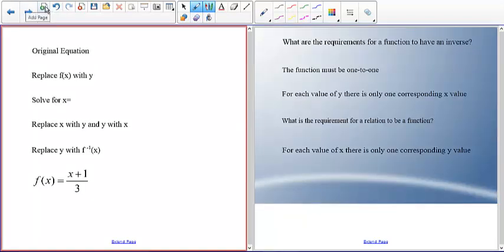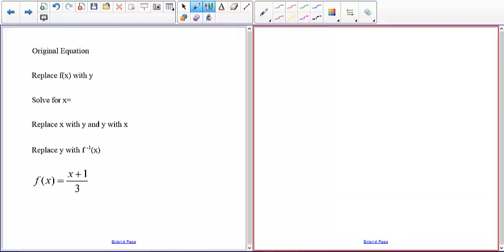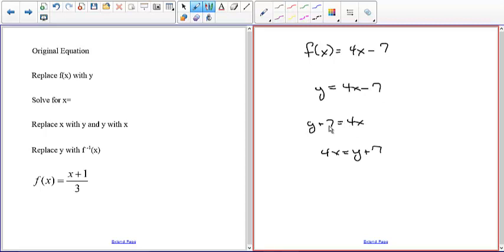Let's do one more. So let's say f of x equals 4x minus 7. First thing you do, replace f of x with y. Solve for x. So let's move this over to the other side, so it becomes positive. When you switch, you can just keep the sign, as long as you switch everything.